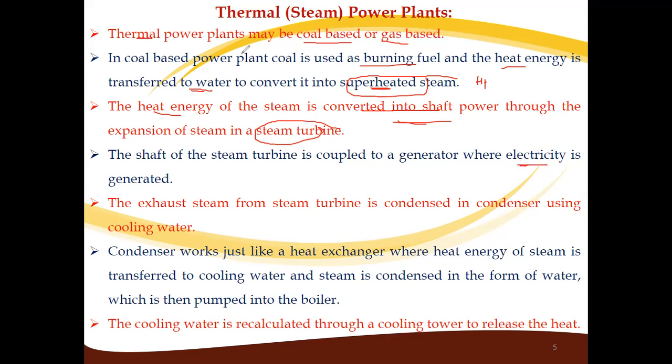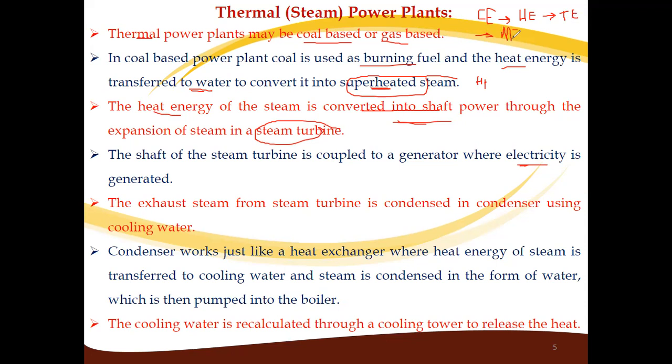So let's see how the conversion of energy takes place in a steam power plant, starting from coal. Coal has chemical energy. By burning the fuel, that chemical energy is converted into heat energy. Then, by using heat energy, we convert water into steam, which is known as thermal energy. This thermal energy is imparted on a steam turbine to convert it into mechanical energy.